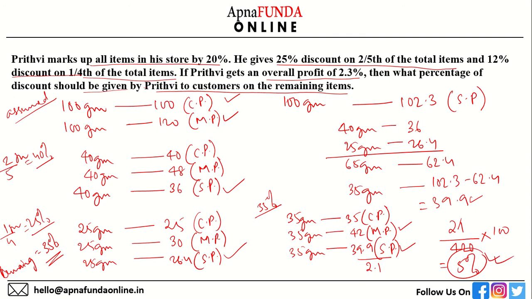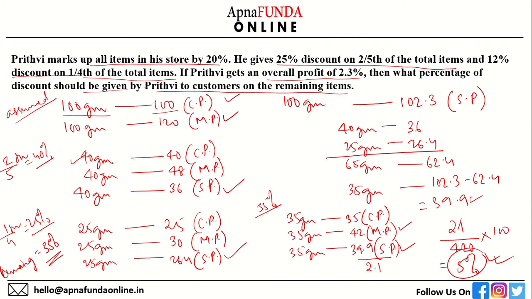Now I went step by step, 25% discount on 2/5 of the items, 12% discount on 1/4 of the items. Correct. So if you see here, 2/5 is 40%. So 40% is 40 gram. So when you say 100 gram is 100, so 1 gram is 1, 40 gram becomes 40.